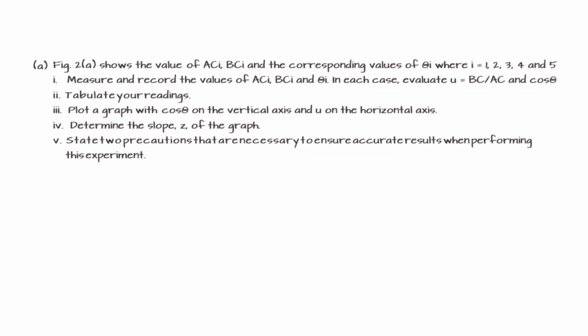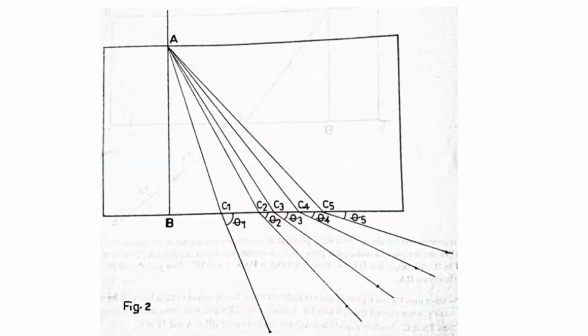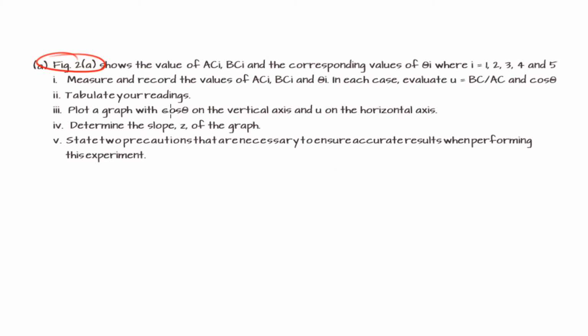Here we are told that there is a figure 2A that is showing the values. So let's see figure 2A. This is figure 2A, and this is where we are going to be taking our measurement. We are told that it will be showing the values of line AC, line BC, and theta for 5 different cases. So from that diagram, we'll measure and record the values.